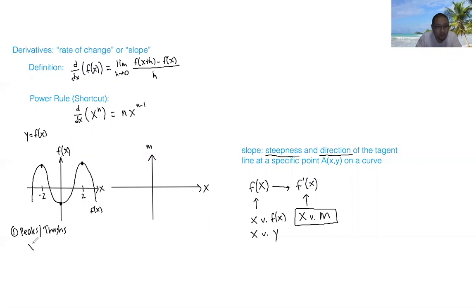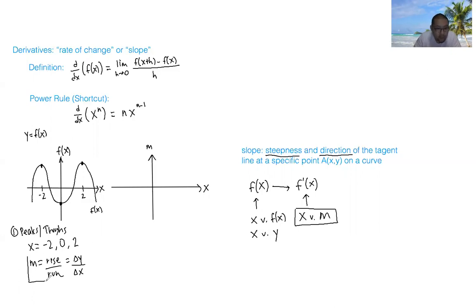And let's write these down. Peaks and troughs are located at x equal to -2, 0, and +2. Okay, and the reason why I choose these spots first is because at these points, when you approximate the slope, which we know is defined as rise over run, the change in the vertical direction divided by the change in the horizontal direction, right?